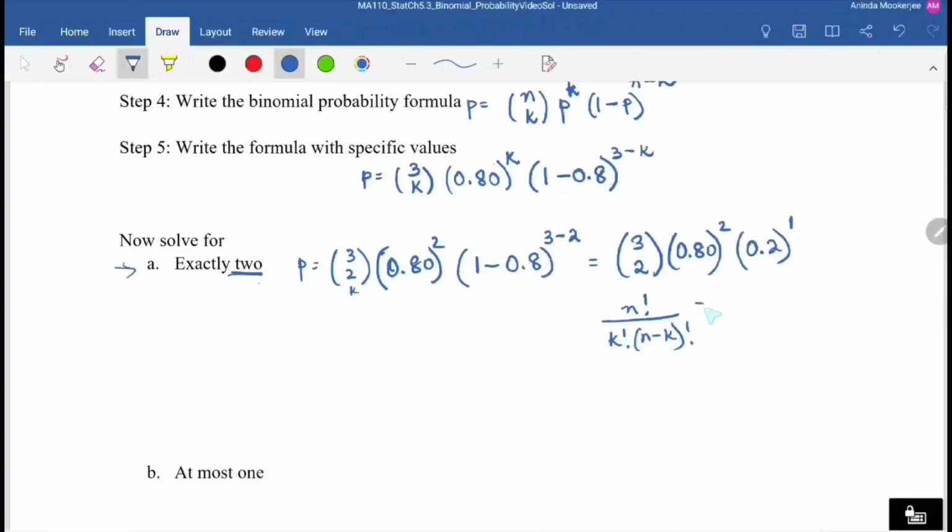So 3 factorial divided by 2 factorial times 3 minus 2 factorial, which is 3 times 2 times 1 in the numerator and 2 times 1, and this is 1 factorial, which is a 1. Now when we calculate this, these all divide, so we are left with 3 over 1. So 3 combination 2 is going to be 3.